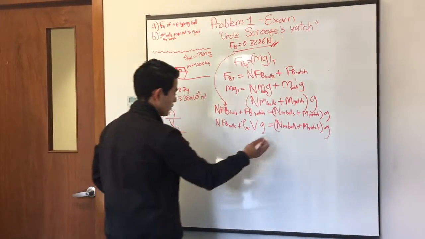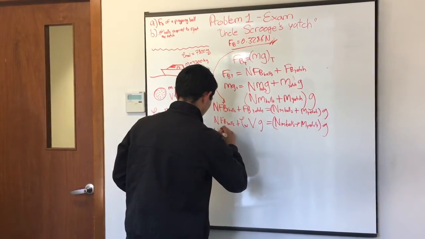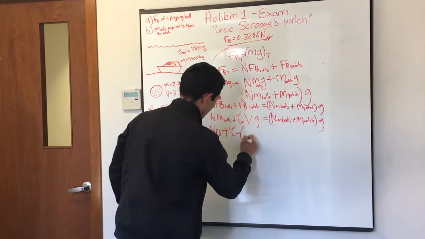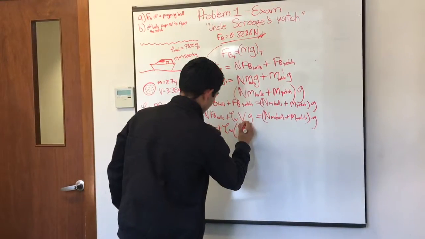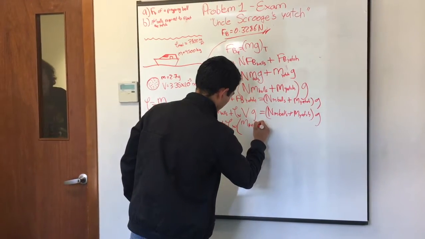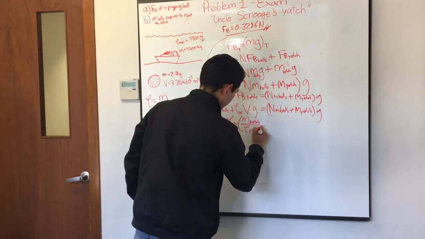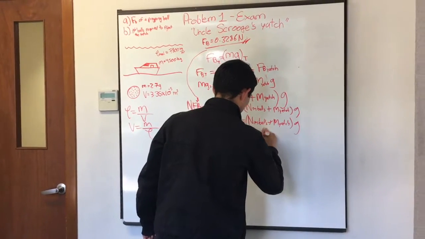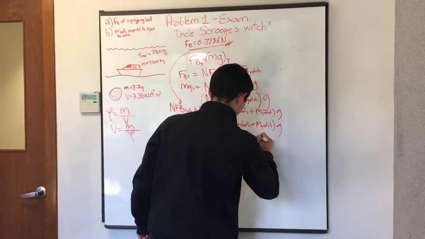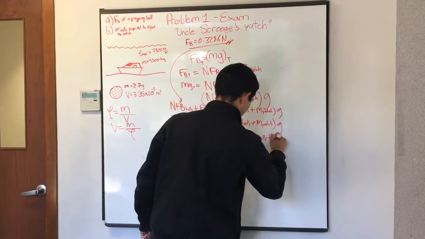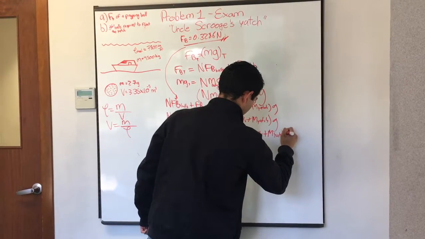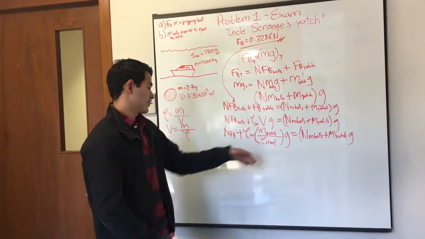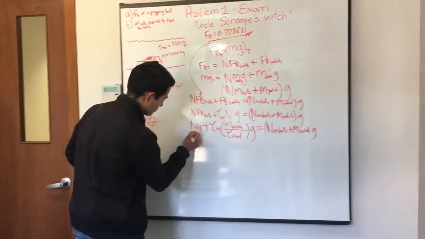So we rewrite this as the volume, which is the mass of the yacht over the density of the steel, times gravity. Now our equation will look like this, and we just need to solve for n.